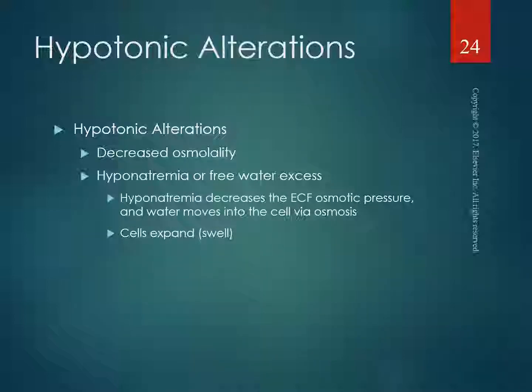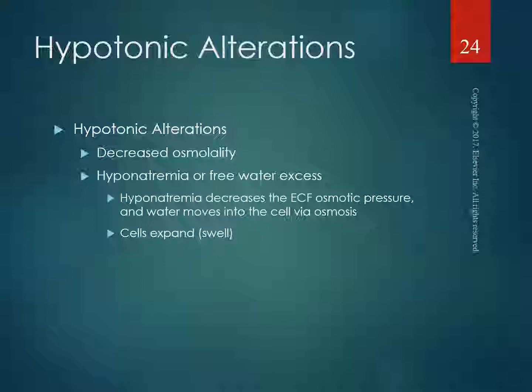So we're still talking about these hypotonic alterations. You can have decreased osmolality below 280. You can have hyponatremia or free water excess. The fluid contains fewer solutes than blood.